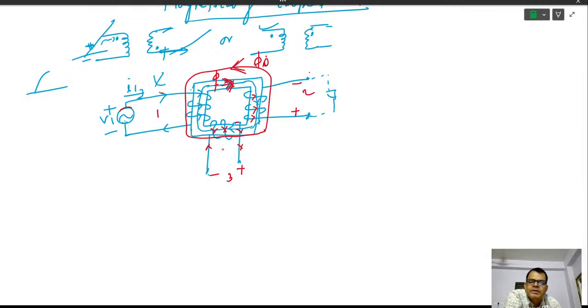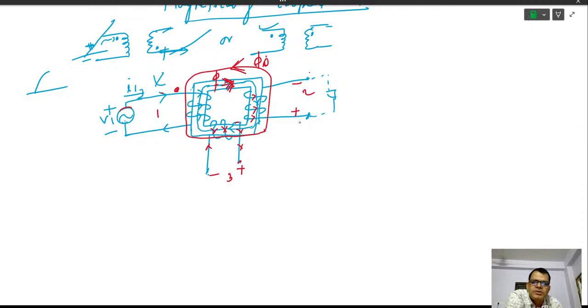That means the induced potential will be produced, and when the load is connected in the induced coil, it will produce a current which will produce an induced flux opposing the causing flux. So this is where we mark the dot.